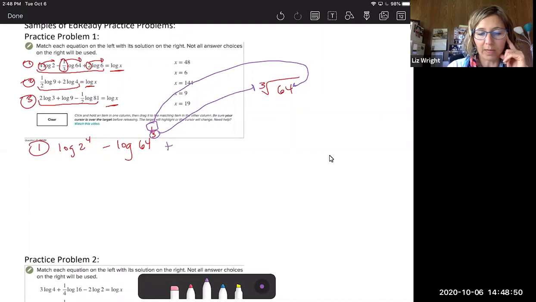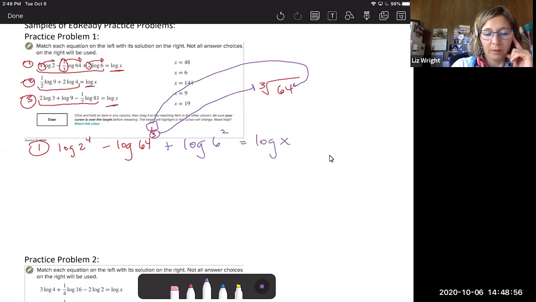Then we're going to have plus log of 6 raised to the 2nd power equals log of x. So then on this one, we're going to get log, and I'm going to start combining some of these. So 2 to the 4th is going to give you 16. And then I know that this subtraction is going to become division.